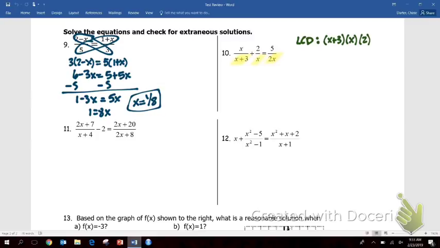Okay. So now, we copy the equation. But we're going to multiply the entire equation by the LCD.